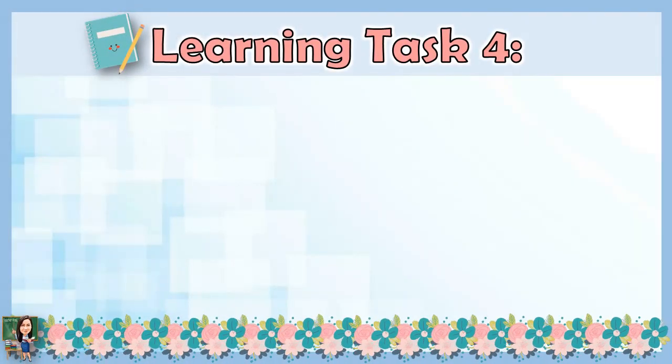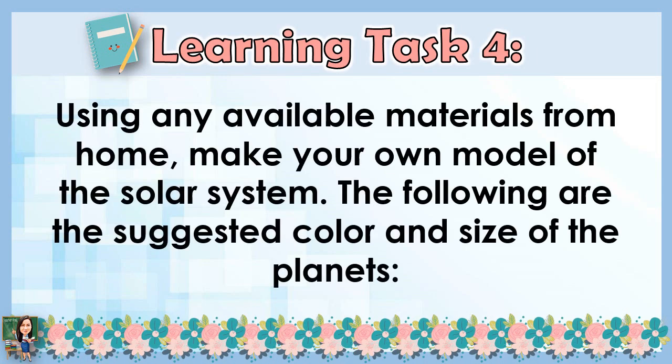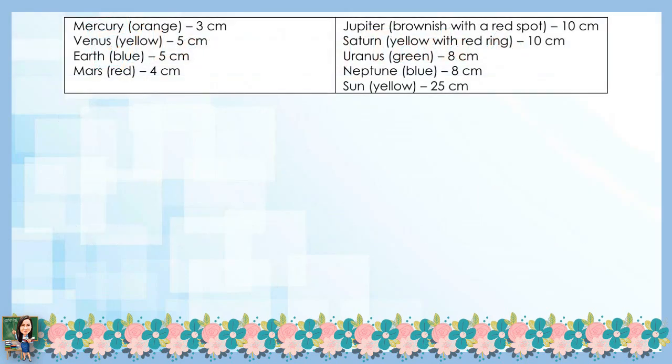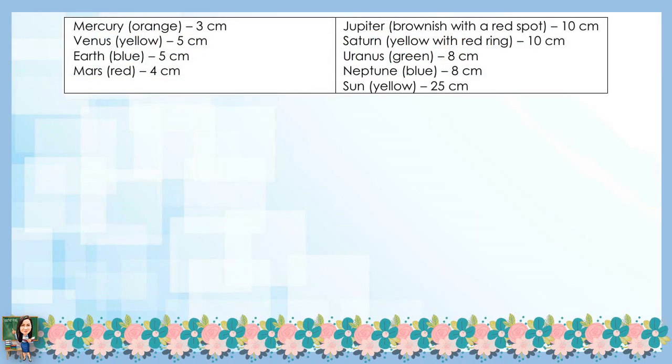For learning task 4, using any available materials from home, make your own model of the solar system. The following are the suggested color and size of the planets. Mercury is orange, the size is 3 cm. Venus, yellow, 5 cm.